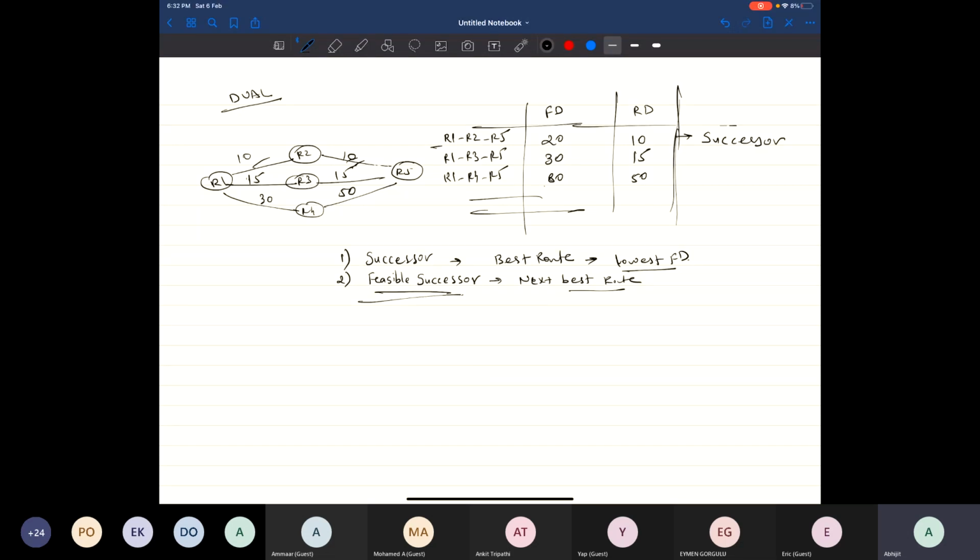For that, it needs to know who is going to be the next best route, and it addresses that as the feasible successor. Now there is something called a feasibility condition.